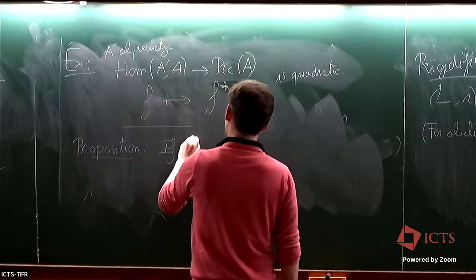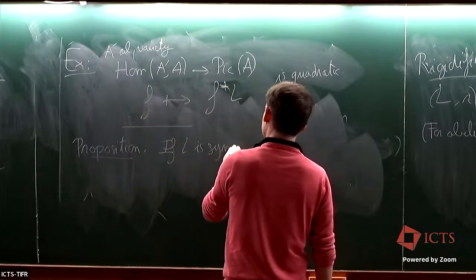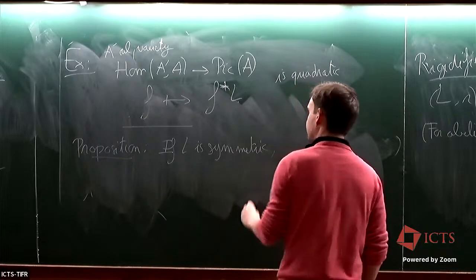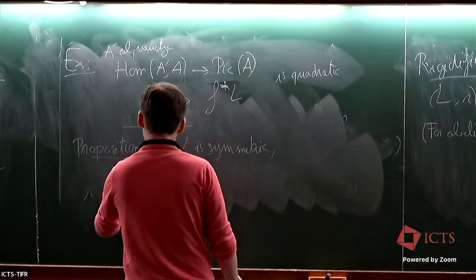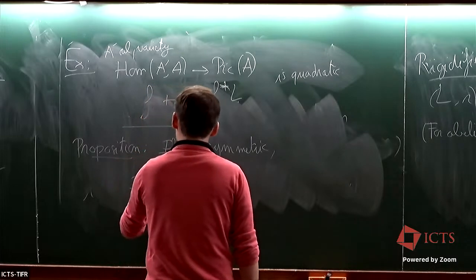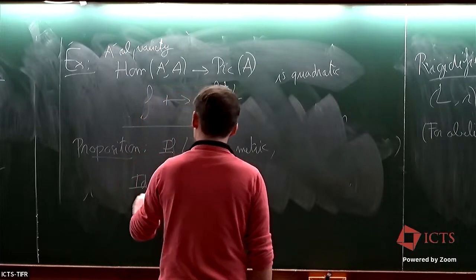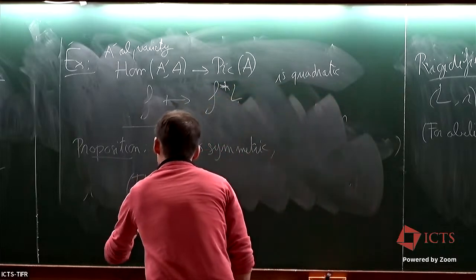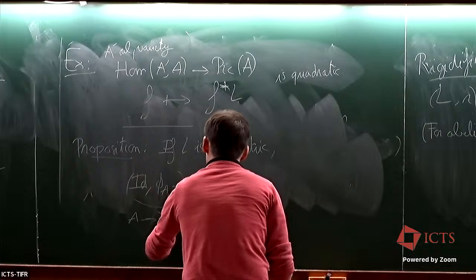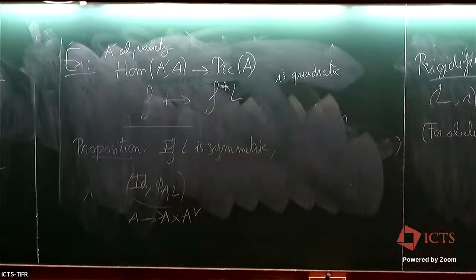If L is symmetric, I have this morphism, phi_AL, which goes from A to A times A dual.